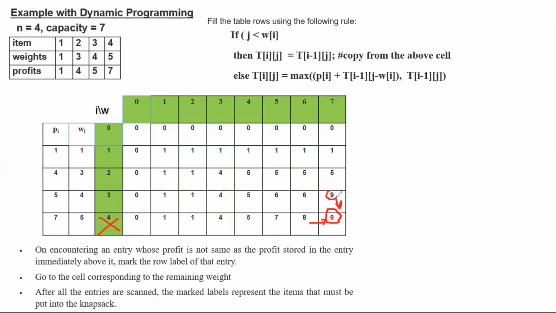Now this 9 did not come from the 5 here. It came from 6. So we select item 3. The weight of item 3 is 4. The remaining weight is 3. So in the above row, we go to weight 3 here.